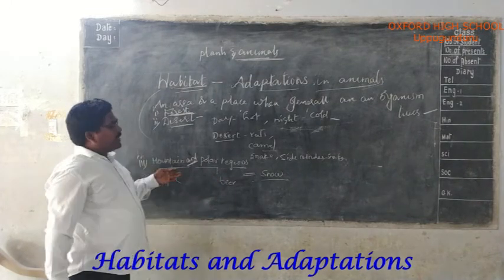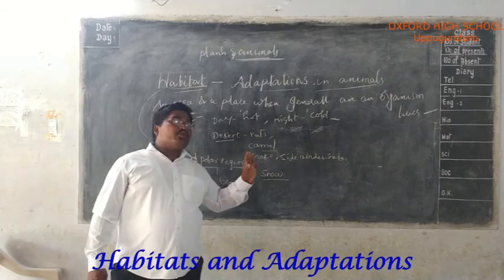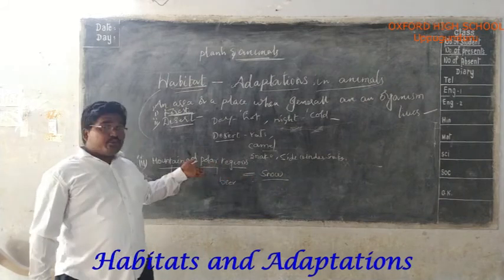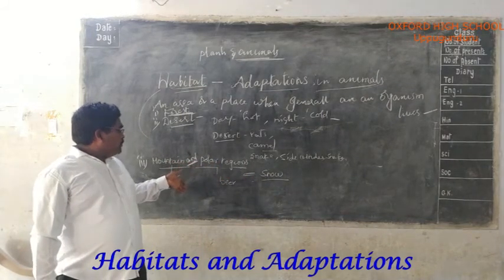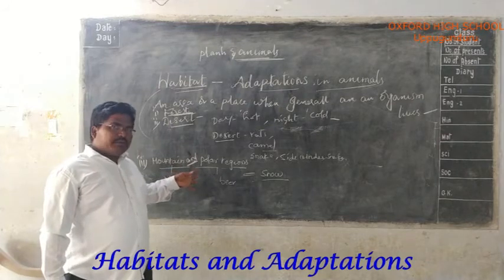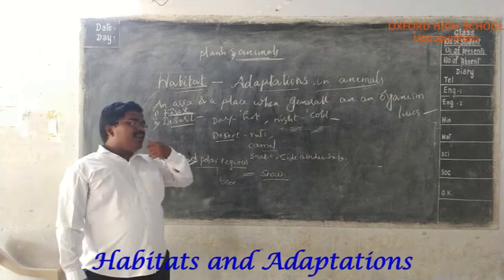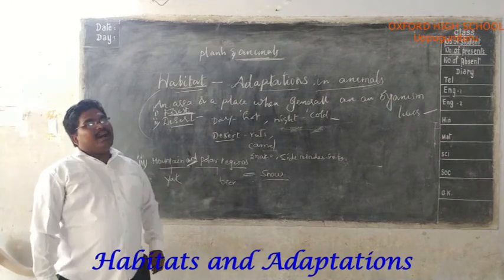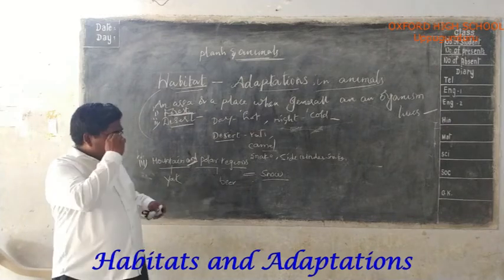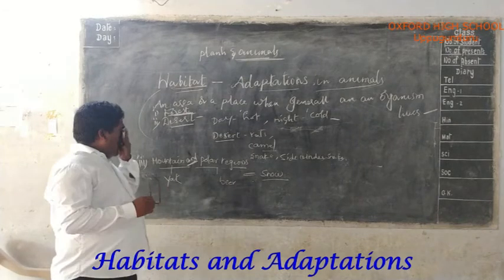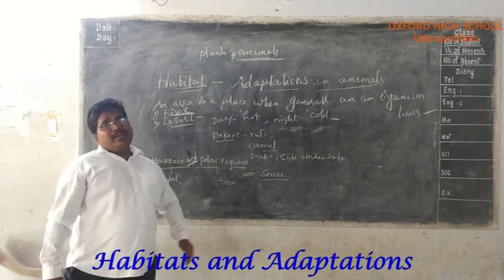Once again, these regions are covered by snow throughout the year, and strong chilly winds blow throughout the year. On that basis, very few organisms are present here. In the mountains we can see the yak, and in polar regions the bear.